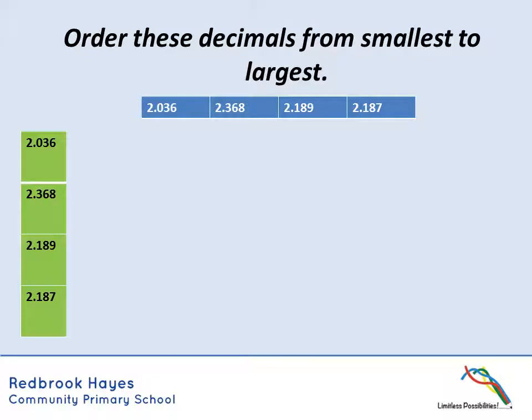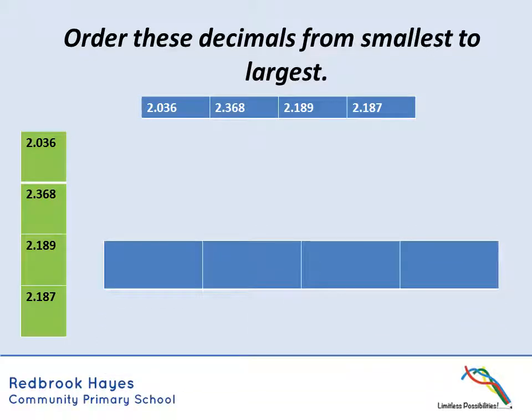So if we bring up where I'm actually going to put them when I start my order. Remember, we're going from smallest to largest. So looking on this green column at the side, I can see that my units are all the same. They all start with a 2. So there's nothing that can help us in that column to do any ordering at this point.